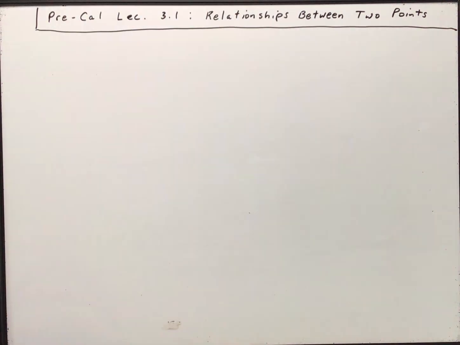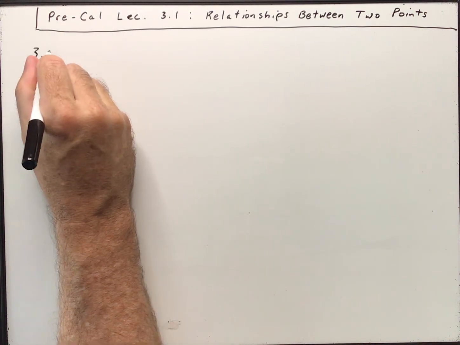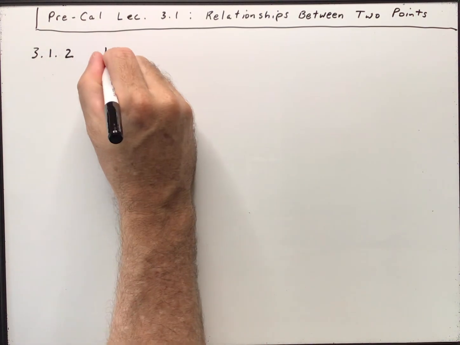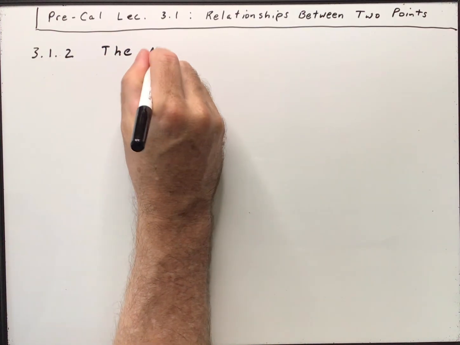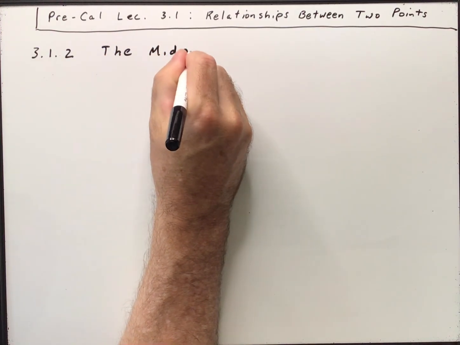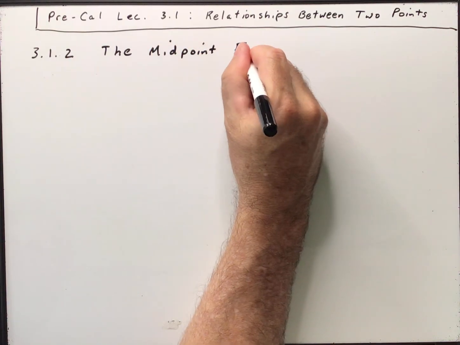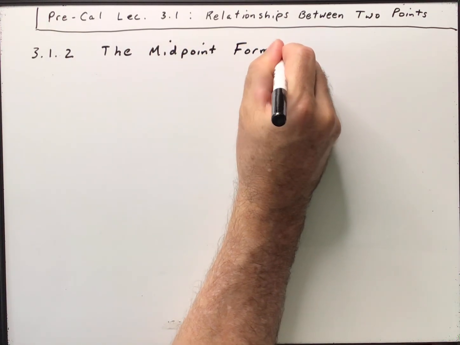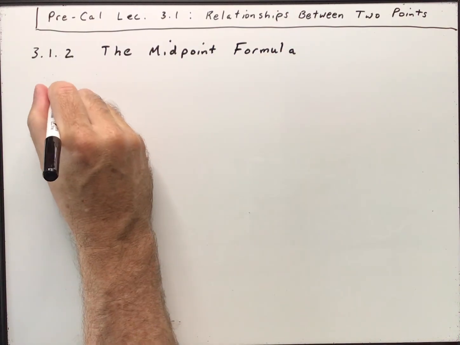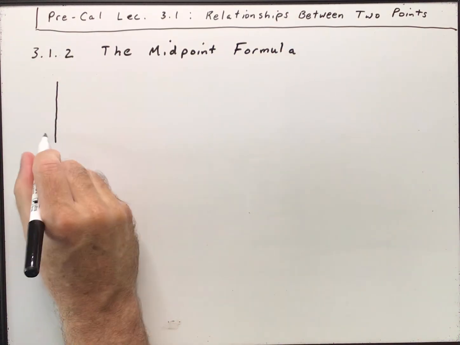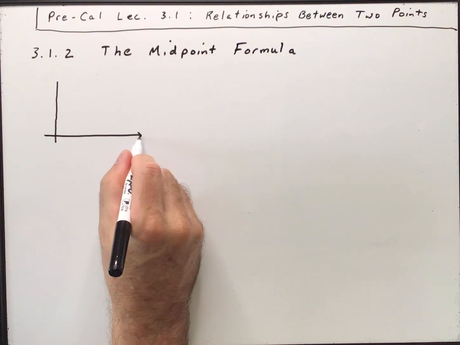So the next topic, 3.1.2, is called the midpoint formula. Okay, once again, we're going to draw an XY coordinate plane.